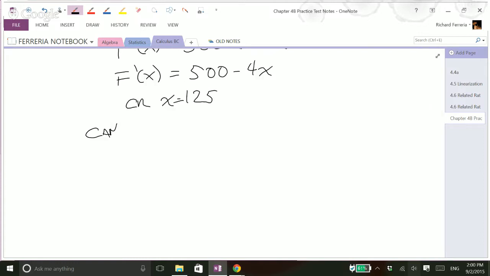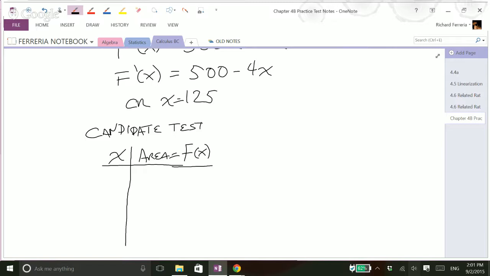Candidate test. We're going to need a column of x's and a column for the area. Good. What are my candidates? 125, that's a good one.